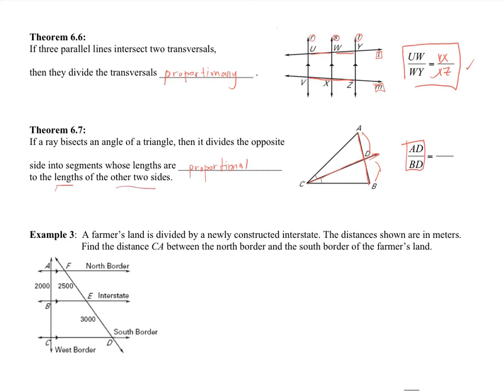So that would be CA to CB. There's also a proof of this theorem on my website. It is highly recommended that you go to the website to read the proof.